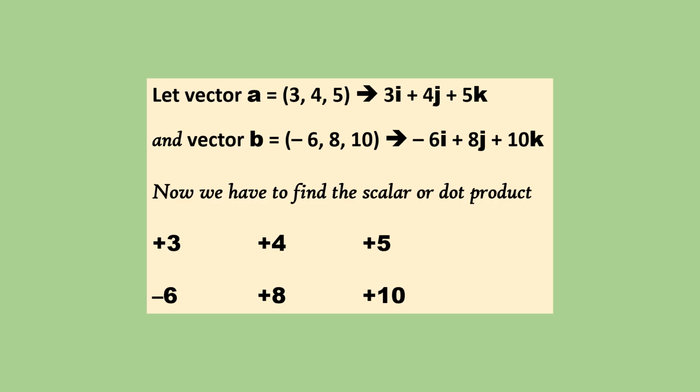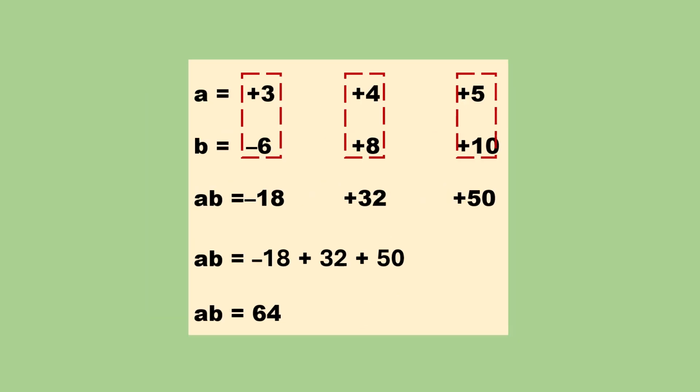So let us see how to find the dot product of two vectors. So now we proceed to multiply the vectors, dot product. So we have written plus 3 plus 4 plus 5 for vector A, and for vector B minus 6 plus 8 plus 10. Now here we multiply only the corresponding numbers, meaning only i with i, j with j, and k with k.